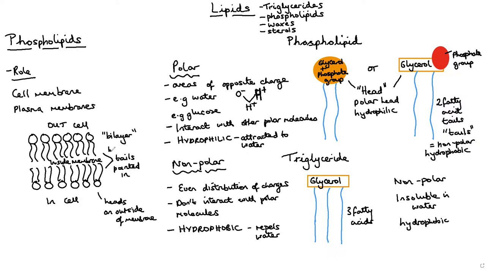So the tails, being hydrophobic, water repelling, are in the inside away from water, and the heads, being hydrophilic, are on the outsides of the membrane where you find water in the cytoplasm, for example. I hope this video has helped you to understand a little bit more about phospholipids.